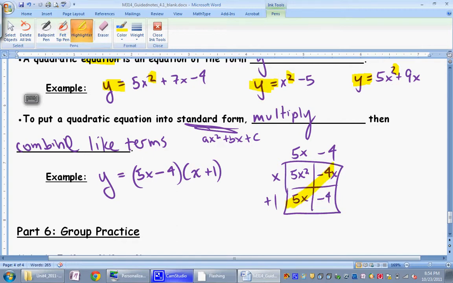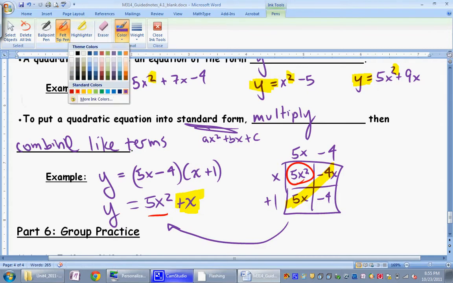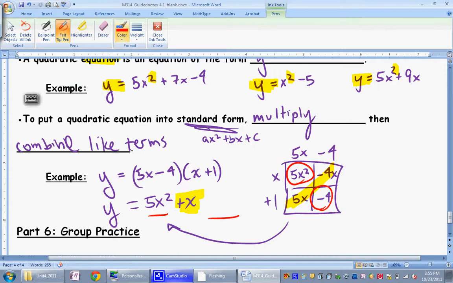Looks like 5x squared. And then down the diagonal, 5x minus 4x leaves you just with an x, so plus x. And then finally, minus 4. So y equals 5x squared plus x minus 4. That's our final answer. This is our standard form equation for this quadratic that we started with.